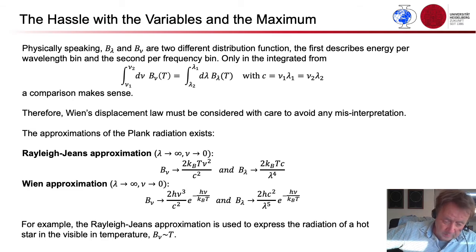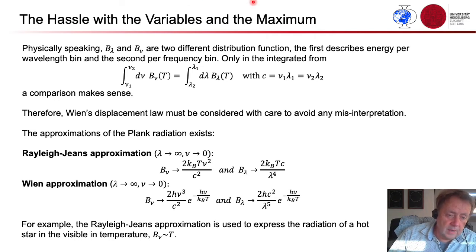The one gives the distribution in terms of a frequency bin, and the other one in terms of a wavelength bin. And if you want to compare these two distributions, you shouldn't do that by value, but always considering integrals of that function over corresponding intervals.